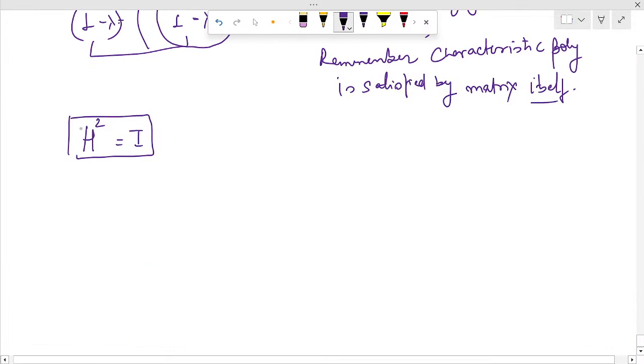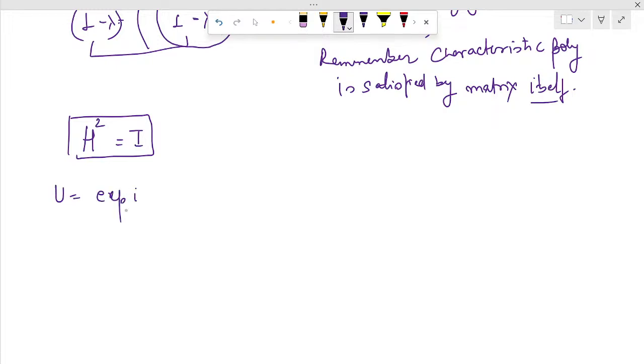And if I use this, h square equals identity, what I'm going to get, I'm going to write u is equal to exponential of iota pi h upon 2, and this will be equal to identity plus iota pi h upon 2 plus 1 upon 2 factorial iota pi h upon 2 whole square.